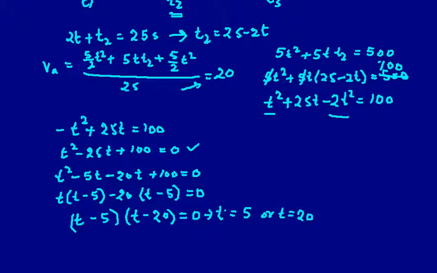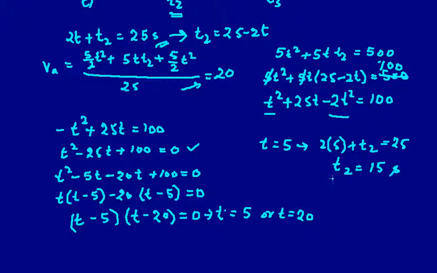But does this solve the problem? No, it doesn't. We actually have to find t2, and here we have the equation that 2t plus t2 is equal to 25 seconds. So if I substitute t equal to 5, then 2 into 5 plus t2 is equal to 25 seconds. Solving this gives t2 equal to 15 seconds.